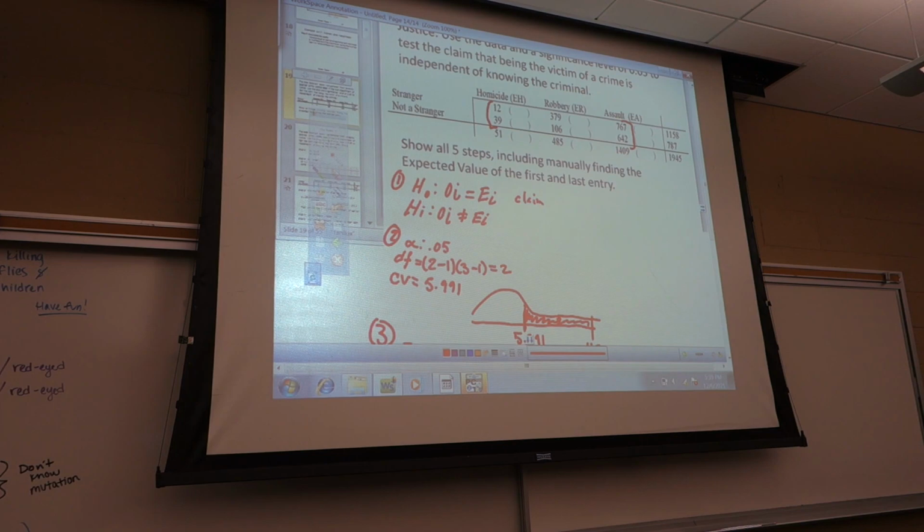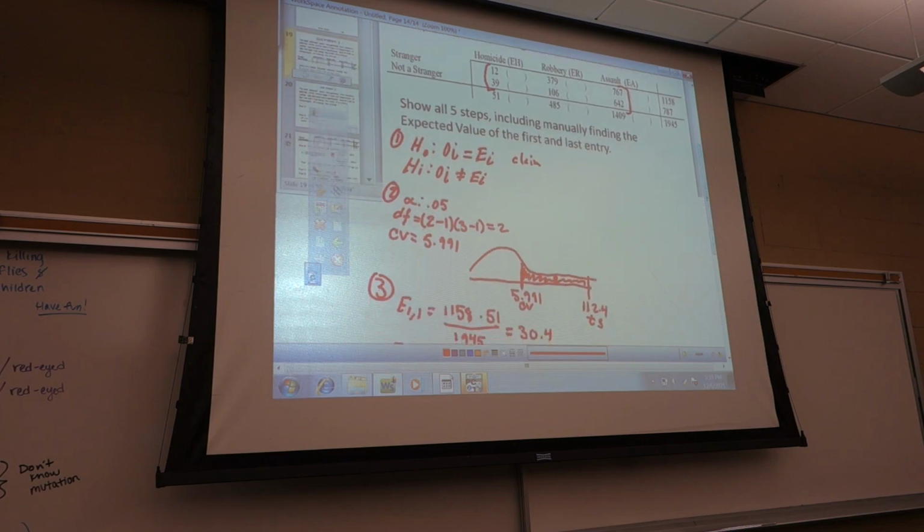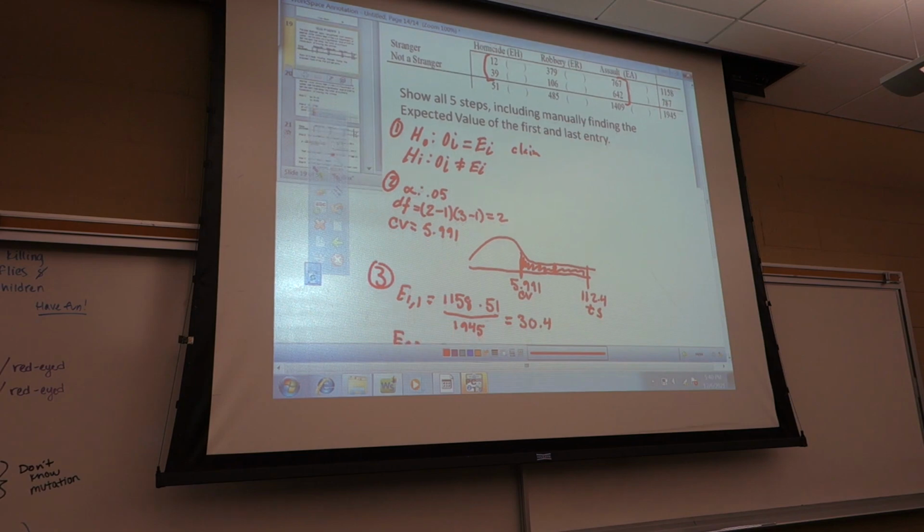Step two, alpha is 0.05, and degrees of freedom is your row minus 1 times your column minus 1, which is 2. And I got critical value of 5.991. And I drew my picture. For step 3, I wrote the expected for row 1 and column 1, and then row 2 of column 3.